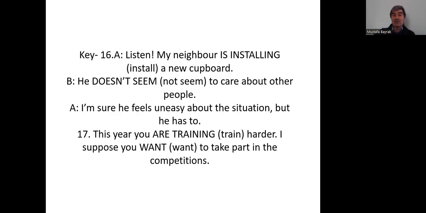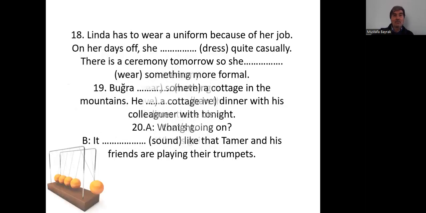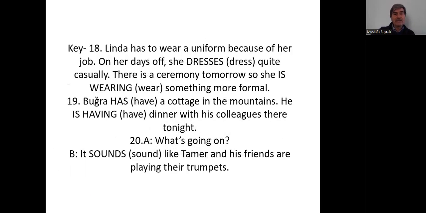17. This year you are training harder. I suppose you want to take part in the competitions. Yes. First part is action verb. Second part is, as you can see easily, stative verb. Now, sentence 18.